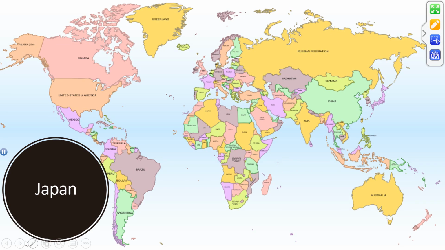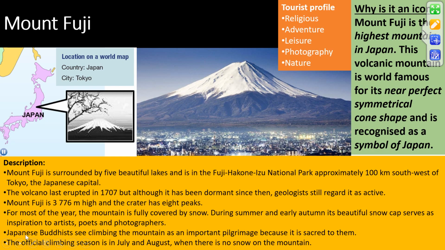We now take a visit to Japan, and that is our second last destination for today's lesson. And you will see where Japan is located on the map. And in Japan, we visit Mount Fuji, which is located approximately 100 kilometers from Tokyo.